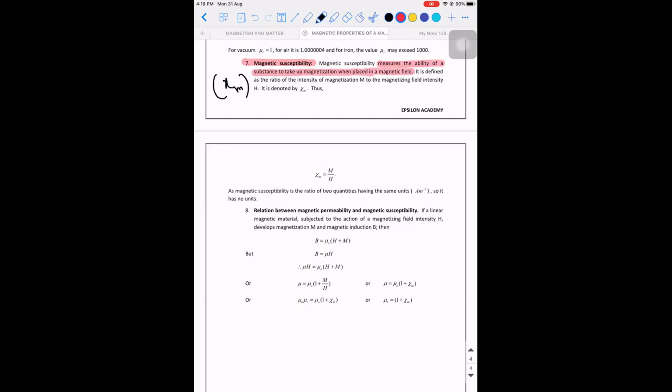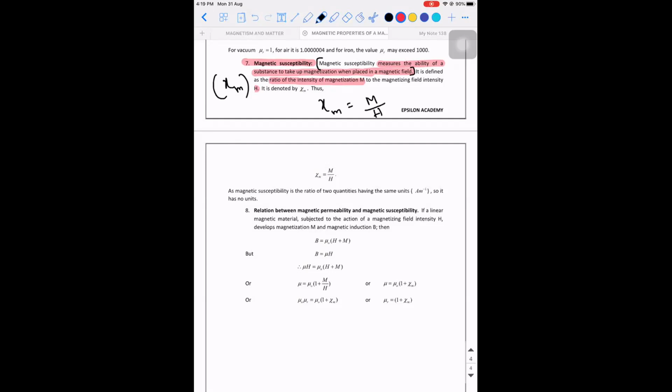I told you, you will have a theoretical definition and you will have a mathematical definition. So mathematically, it is defined as the ratio of intensity of magnetization to the magnetizing field intensity. I gave you an example of efficiency also. Efficiency is output by input. So chi m will be equal to the extent to which a material can get magnetized, that is the output, divided by the input.